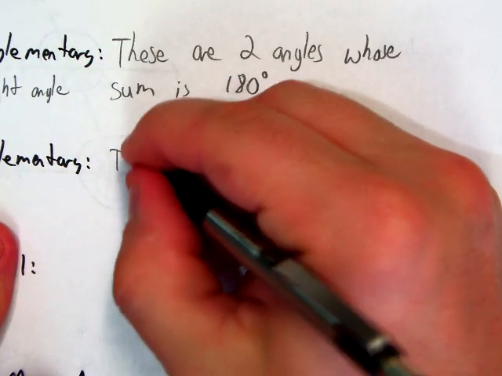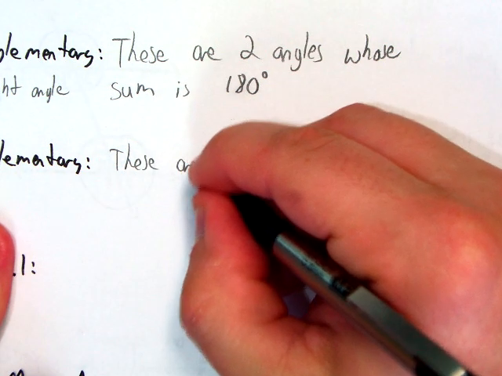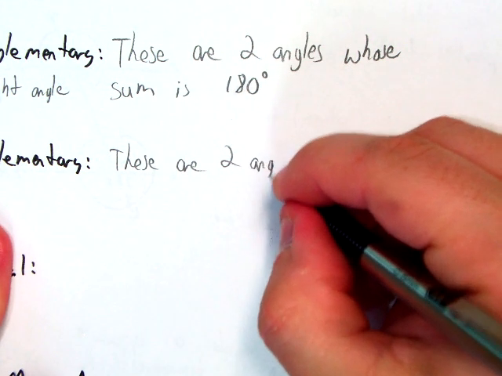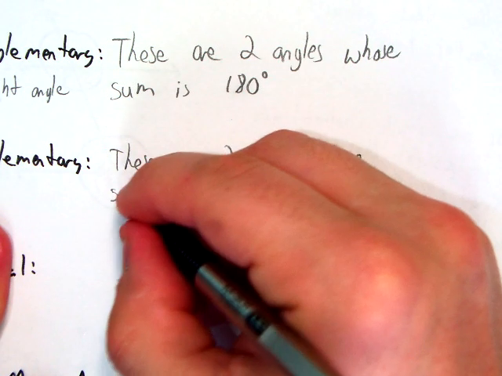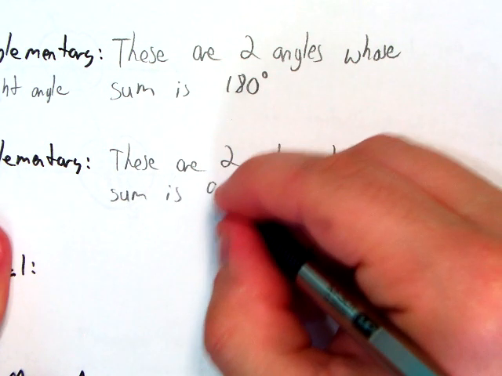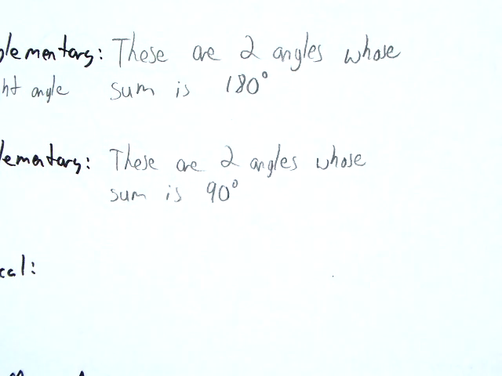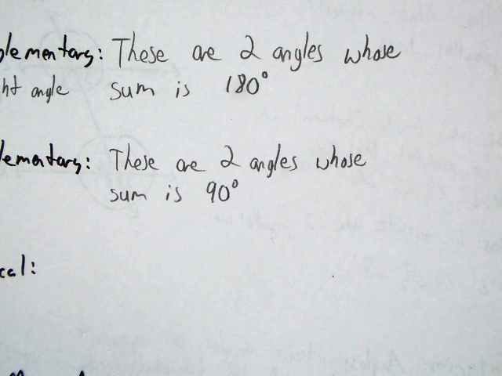Complementary angles are two angles whose sum is 90 degrees. This one's a little bit more difficult to remember unless you remember that supplementary is 180, so then you can remember that complementary is 90.